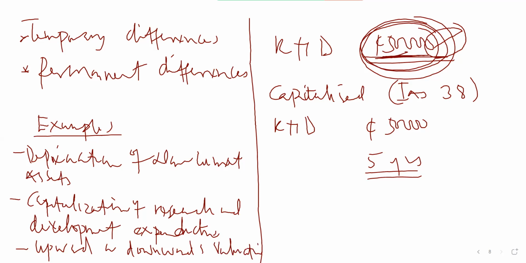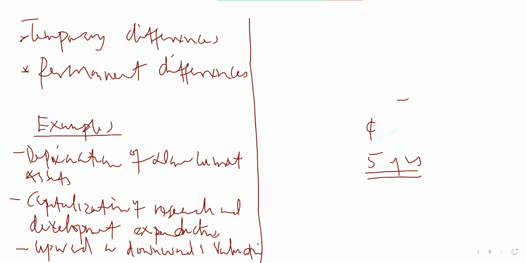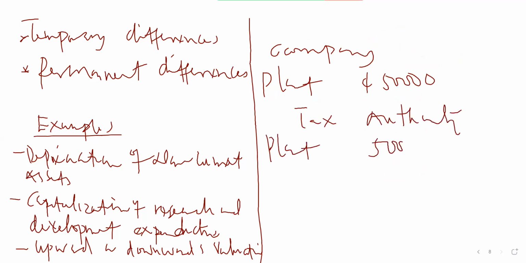That will also create an issue of deferred tax, which we call revaluation surplus or revaluation gain. So in the books of the company, the plant is 50,000. In the books of the tax authority, the plant is also 50,000.